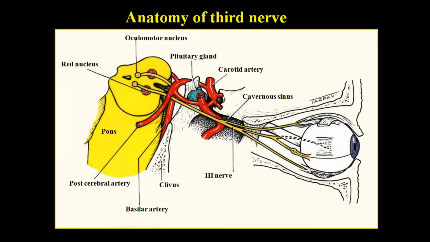Depending on the presenting features of third nerve palsy with the associated features, whether the patient has systemic features like tremors, contralateral hemiplegia, or any systemic features, such patients usually have the lesion at the level of the midbrain fasciculus or the nucleus.